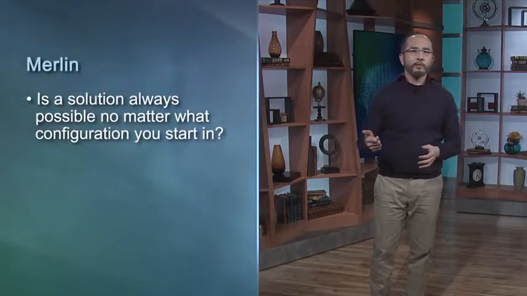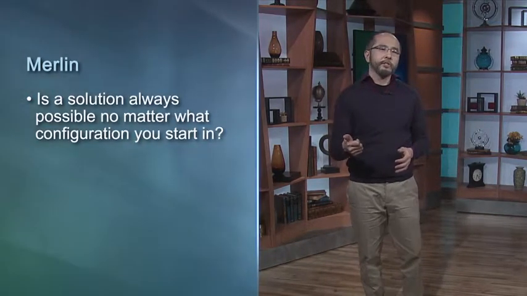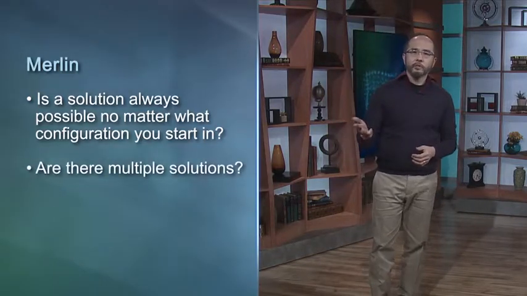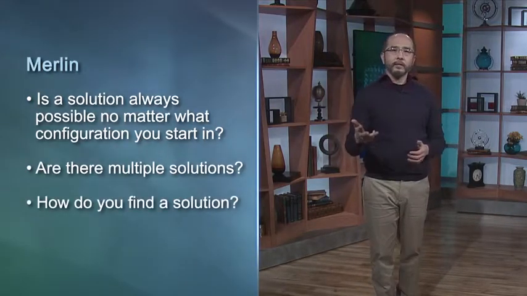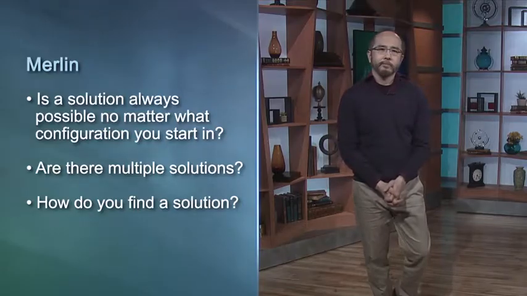So now let's return to the game of Merlin. We'd ask the following questions. Is a solution always possible, no matter what configuration you start in? Are there multiple solutions? And how do you find a solution? And now we'll be able to answer these questions because linear algebra shows us that finding a solution is equivalent to finding a vector x of zeros and ones such that Mx equals v final minus v initial.